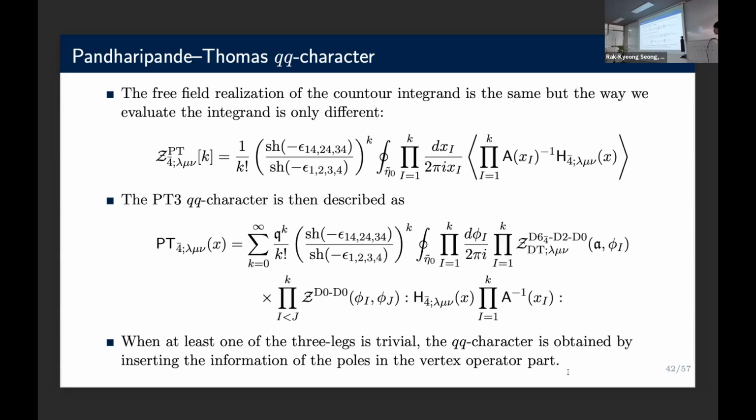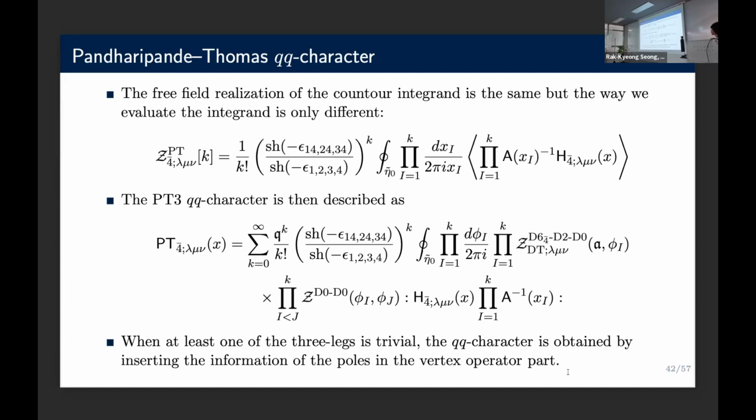And so at the end, to derive the QQ characters, you need to compute this integral. But as I said, if you think of the three legs, when at least one of the three legs is trivial, all of the poles are just single order, so once you expand this contour integral expression of the QQ character, the poles will enter here, and you just get a similar expression.